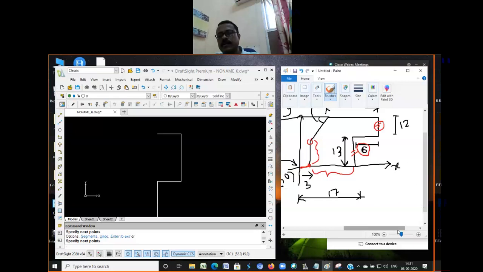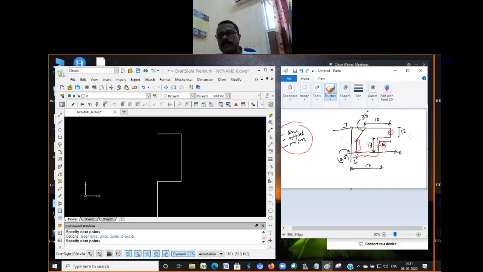Okay. Look at this figure. So again, look from here up to here. There is another line. This line. This line is how long? 10 millimeter.